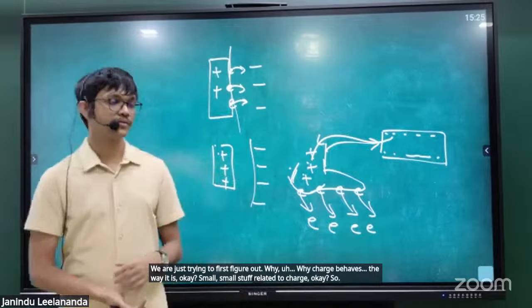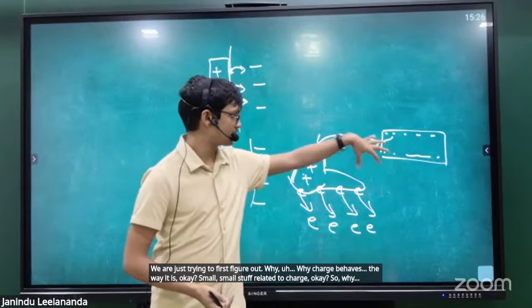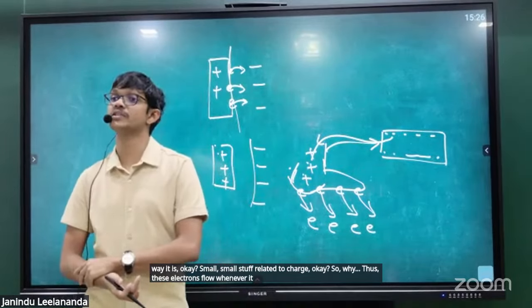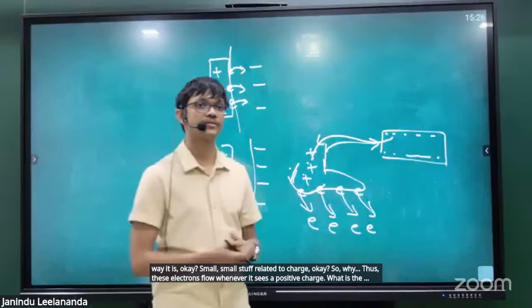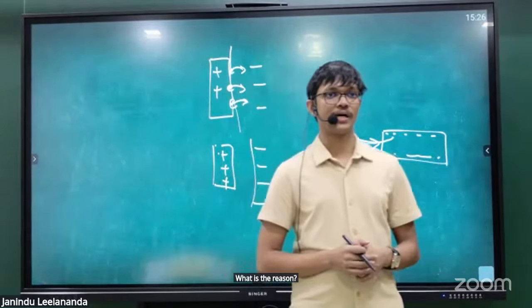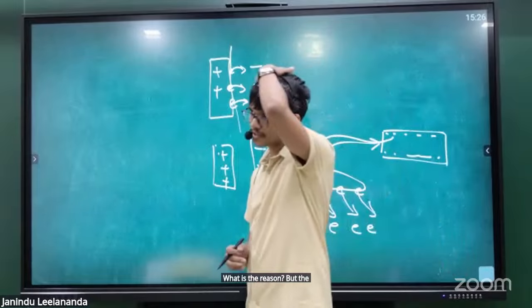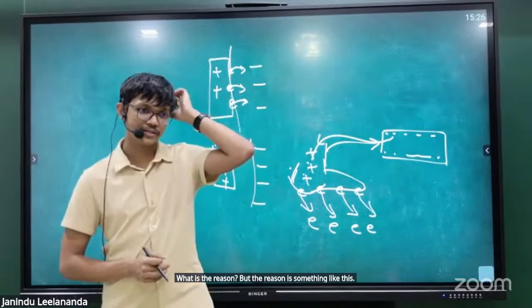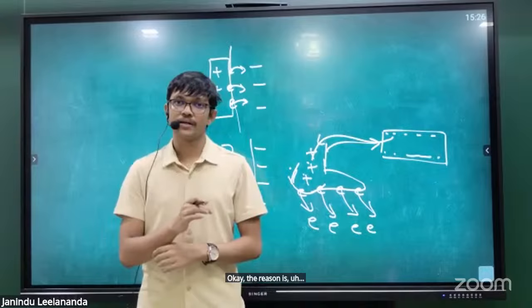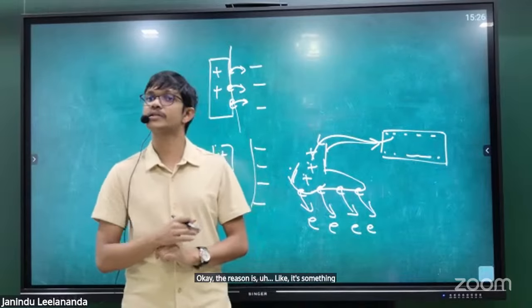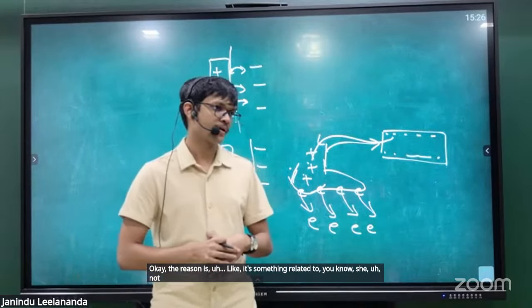So why do these electrons flow whenever they see a positive charge? What is the reason? The reason is something related to inertia and stability.